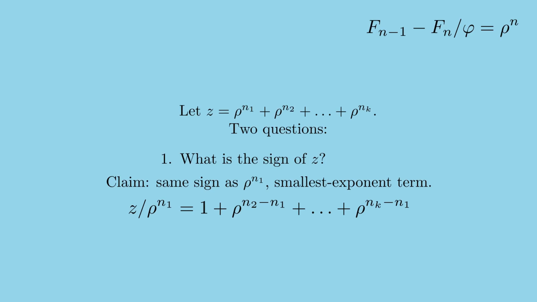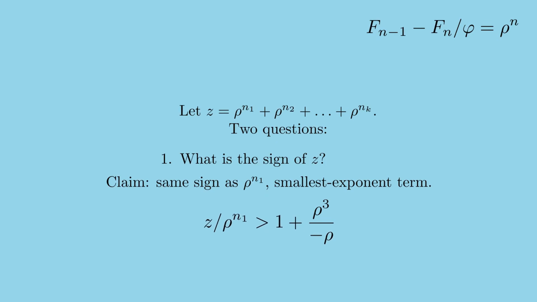The worst this sum could be is adding up every allowed power of rho that is negative, which are the cubed, fifth power, and so on. Remembering that we can't use rho to the first because Zeckendorf requires that the included Fibonacci numbers aren't consecutive. But that's a geometric series, and the formula for its sum gives, after some manipulation, negative rho, which we note is positive, which means that z and rho to the n1 have the same sign.